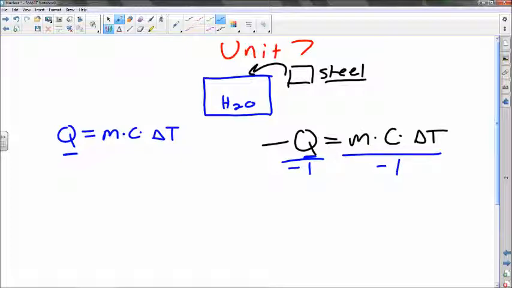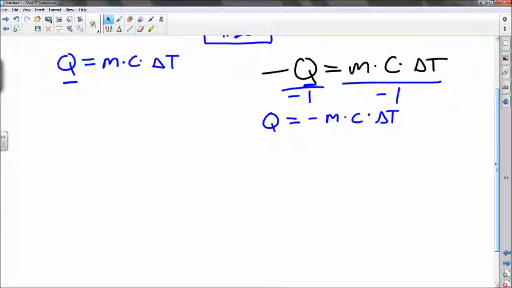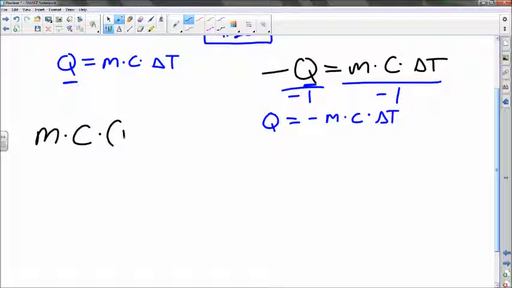So negative Q divided by -1 is Q, and then all of this stuff divided by -1 is negative M times C times delta T. And we have to do that to be able to set these two things equal to each other. So when you write this out, we're really going to be saying, okay, the water's mass times the water's specific heat times its change in temperature, which we can call final minus initial.